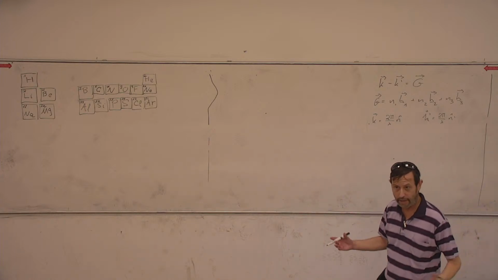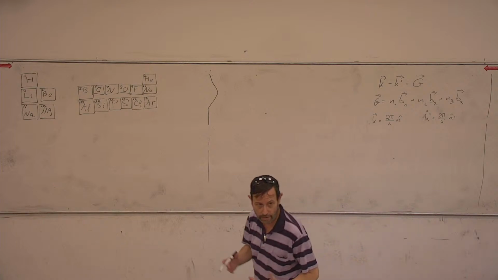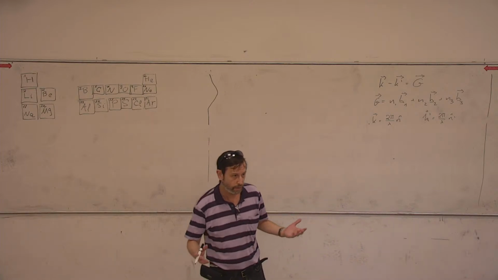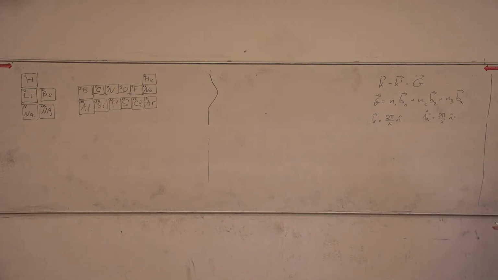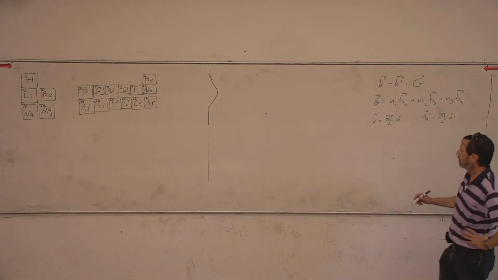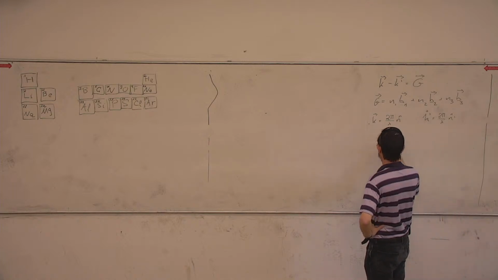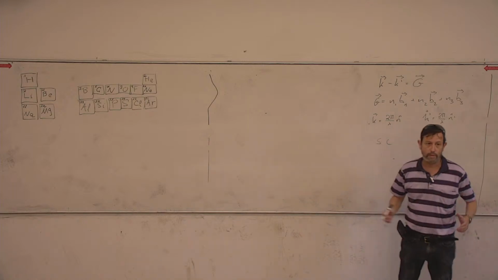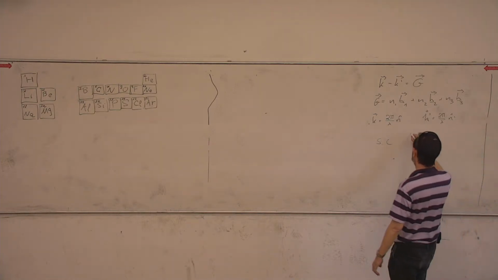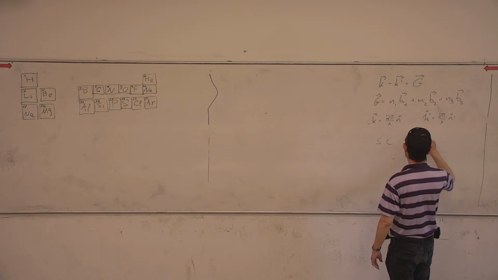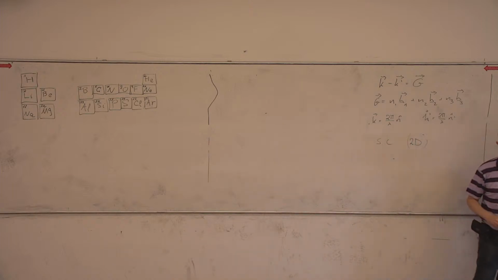If yes, you have zero peak. If not, you won't have zero peak. Okay, let's see a very simple example. Simple cubic. Okay, and to make life for me even simpler, 2D.